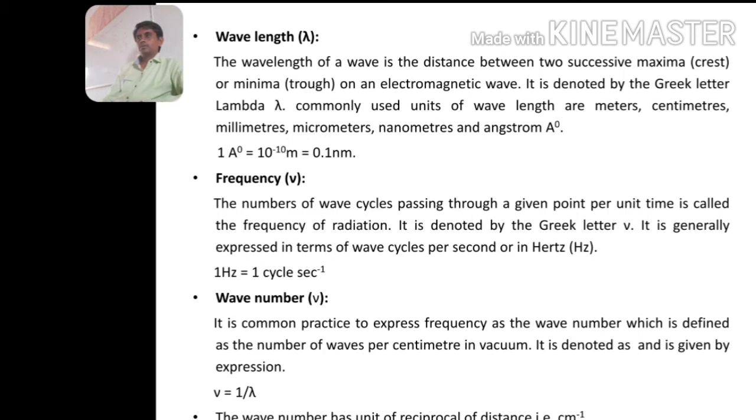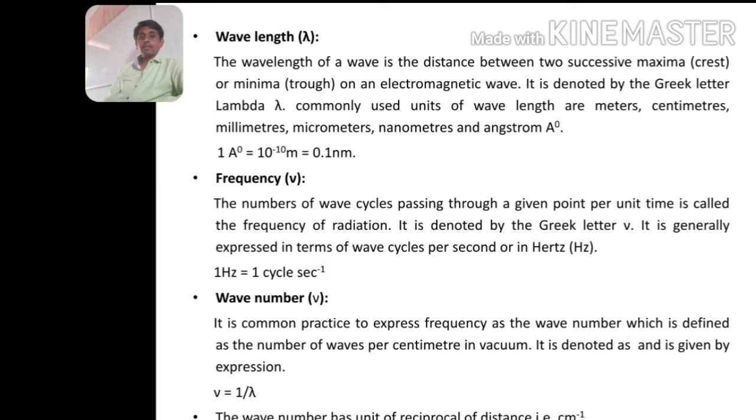Now it is a very common practice to denote or express frequency as the wave number in spectroscopy, which is defined as the number of waves per centimeter in vacuum.